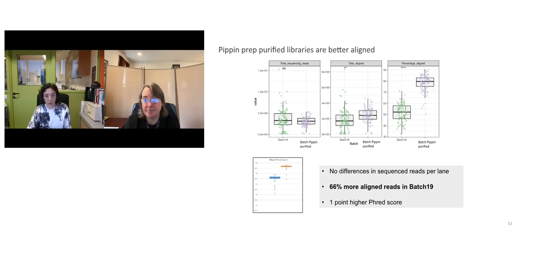The total number of aligned sequences was also almost comparable, although we could already see that in the purified pool of library, there is an increase of the total aligned. And in fact, that was reflected by a better alignment percentage based on the tool that we were using.